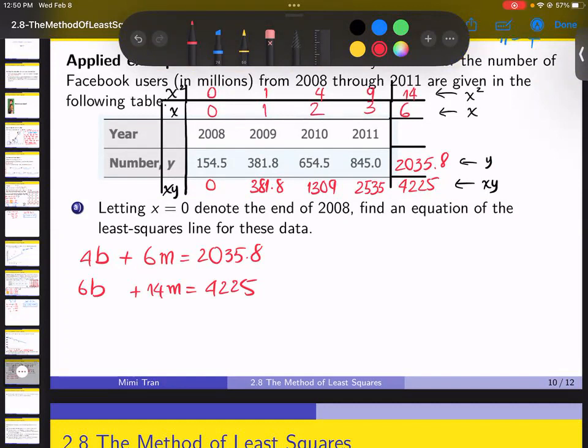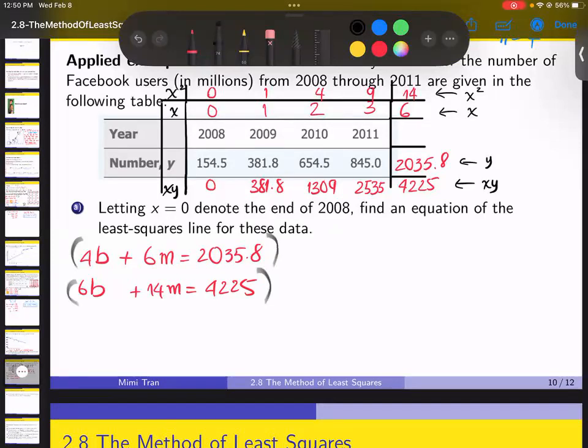Which one do you want to eliminate? They're kind of the same type of work, but in terms of LCD, I prefer b. 6 and 4 is easier to imagine than 6 and 14. What should I multiply the first equation by? You have to do both, they have to be opposite. What's the LCD between 4 and 6? 12, right?